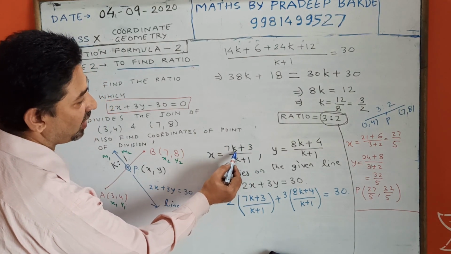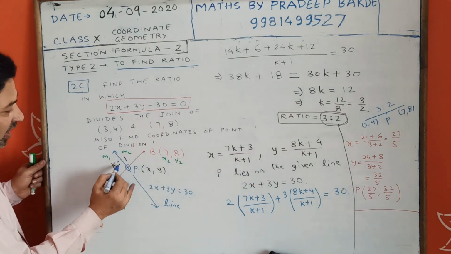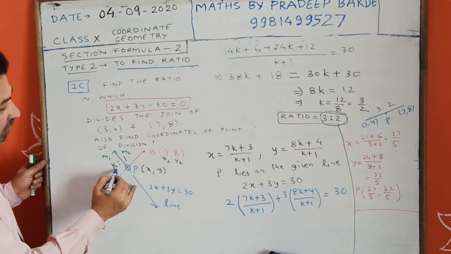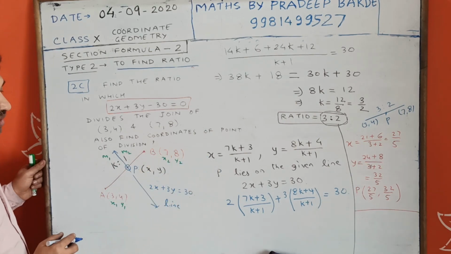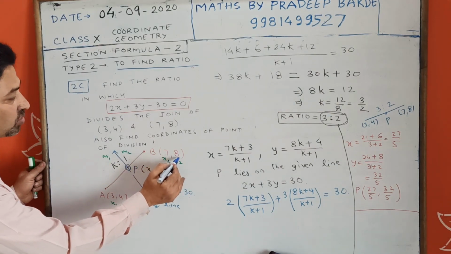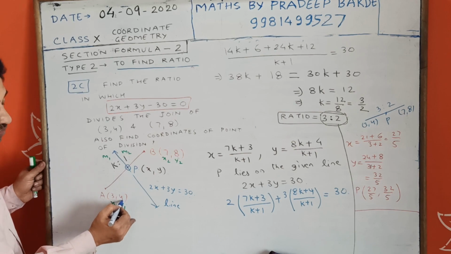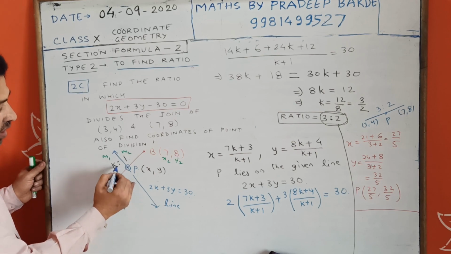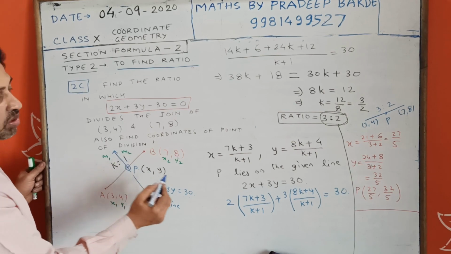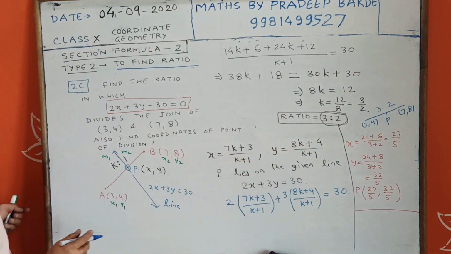So x is equal to 7k plus 3 upon k plus 1. Similarly, y is equal to m1 y2, that is 8k, plus m2 y1, 1 into 4, that is 4, upon m1 plus m2. So y is equal to 8k plus 4 upon k plus 1.